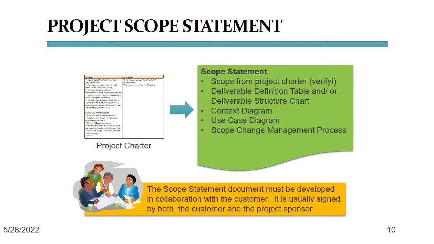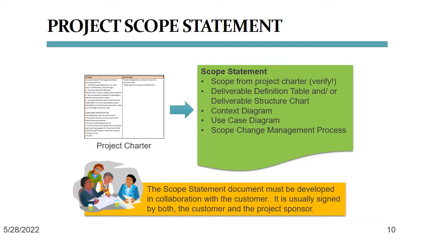The project scope statement also contains a deliverable definition table or a deliverable structure chart that contains the assets that need to be generated throughout the project scope. And then here in our case it contains a context diagram and a use case diagram, both of which address the technical product scope, since the product scope is a major part of the entire project scope.